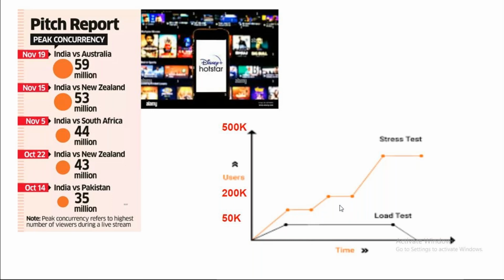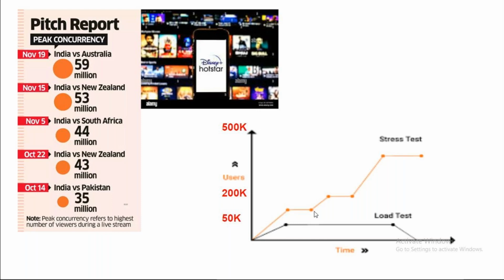For example, if you're running the load test for 50K, 50,000, they will ask you to run the stress test for 1L, like 100K. And if the application is not crashing or is performing well, they are satisfied.